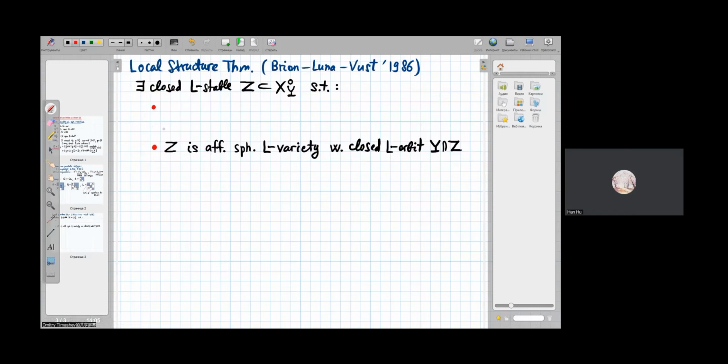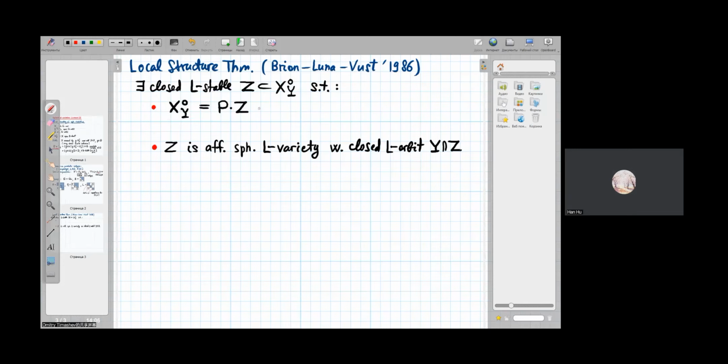So the first statement is that the whole B chart X_Y^0 is obtained from Z by the action of P. So you spread Z by the action of P, and you obtain the whole X_Y^0.